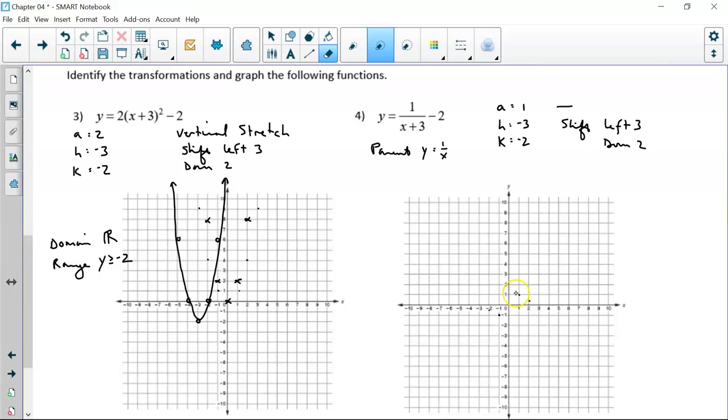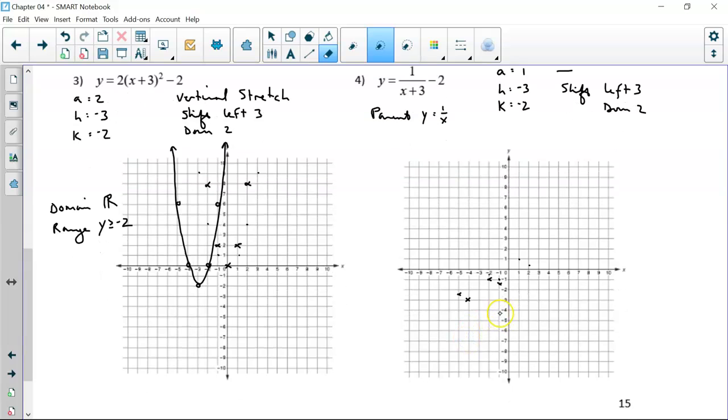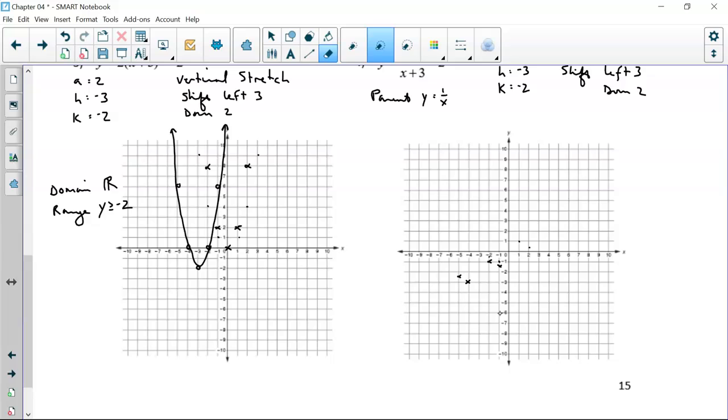So I'm going to take this point and go to the left 3 and down 2. Not only did our points move to the left 3 and down 2, but our vertical asymptote also moved to the left 3.